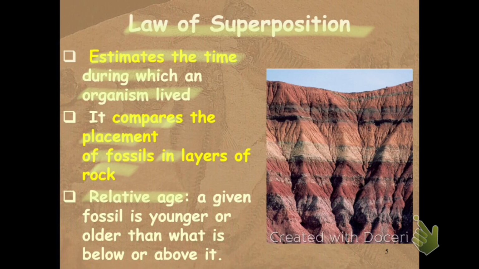So a given fossil is younger or older than what is below or above it. If it's shallow, so it's not deep, it's younger, right? If it's deep, it's older.